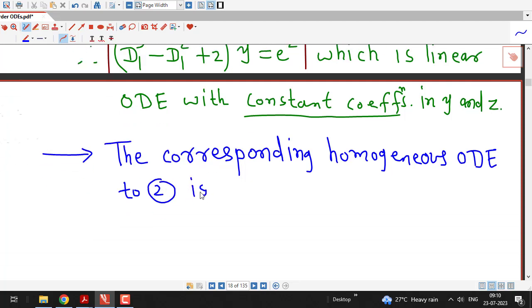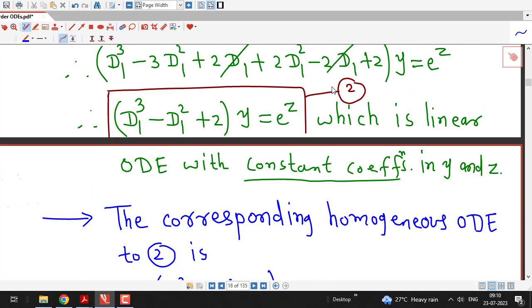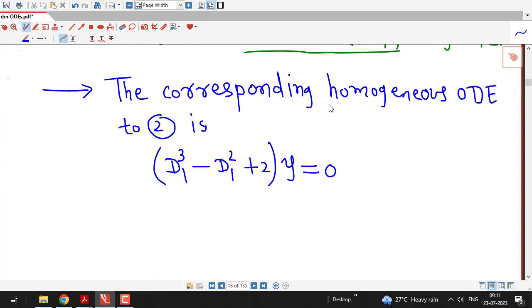We have to consider the right hand side equal to 0, and we have D cube minus D1 square plus 2, y equal to 0, and the general solution of this equation will be the complementary function of equation number 2. And here we will keep in mind that our independent variable is z.